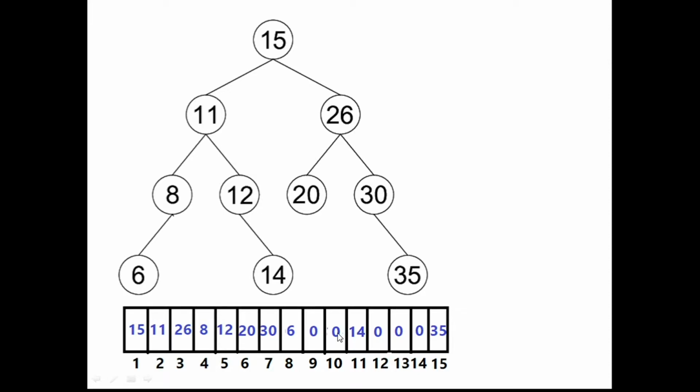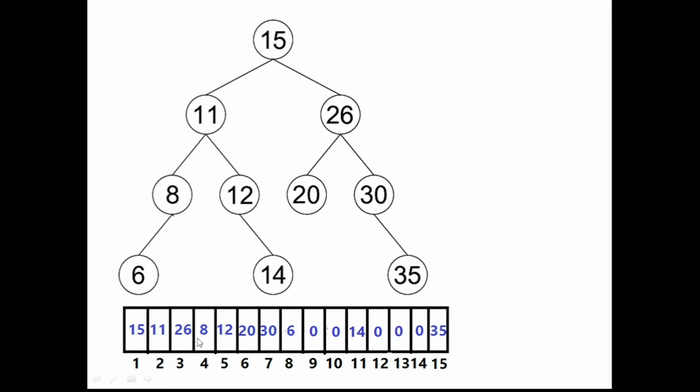But now the challenge is that when you write the algorithm, how do we know which one is a parent and which one is a child? For example, the parent 11 is at index 2 and its left child is at 4 and its right child is at 5. Similarly, the parent 8 only has a left child which is at index 8.